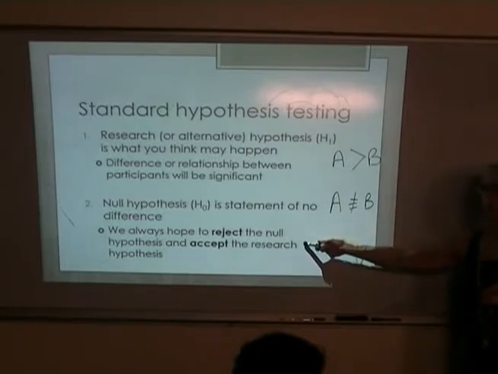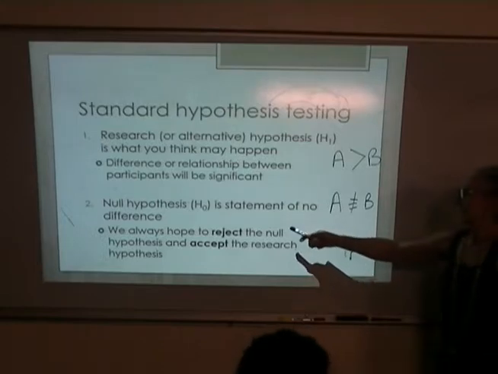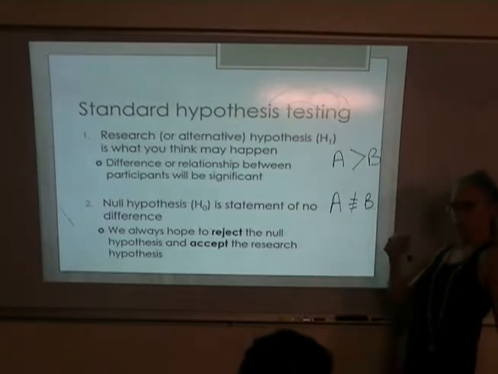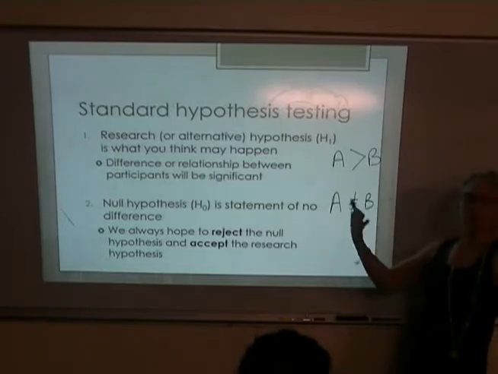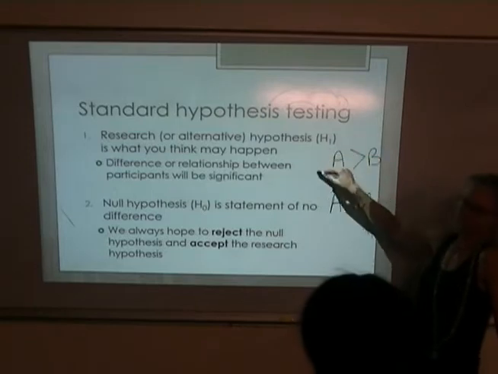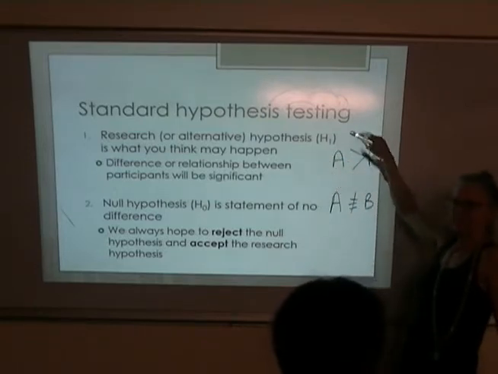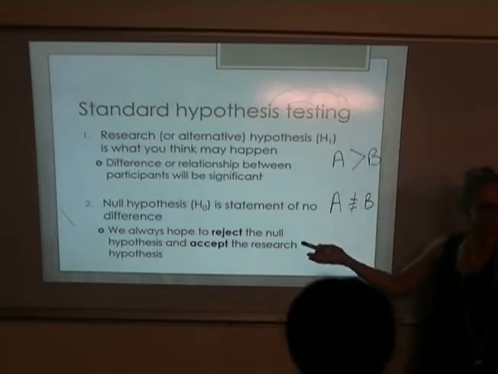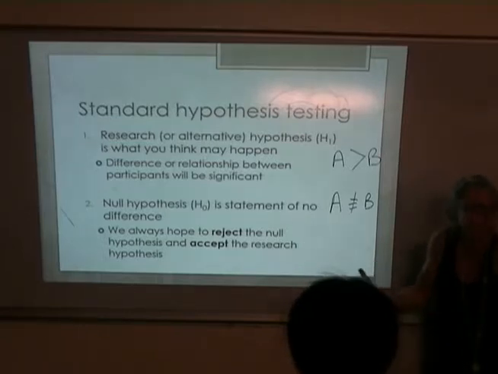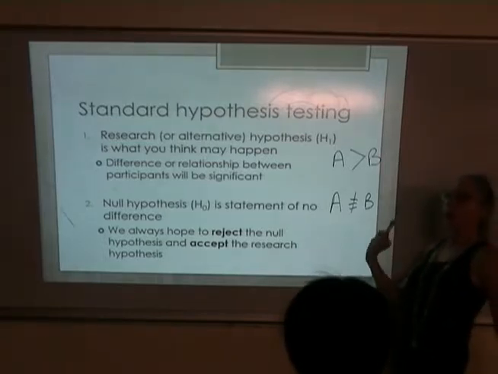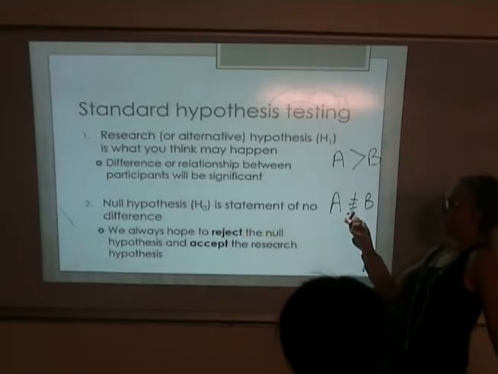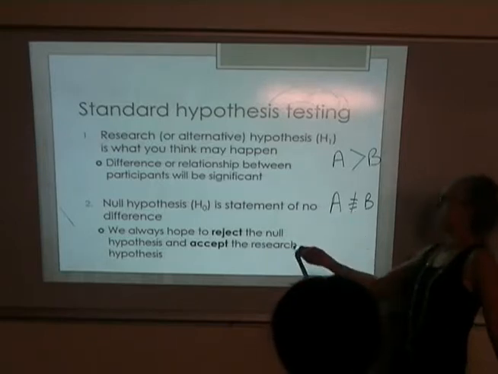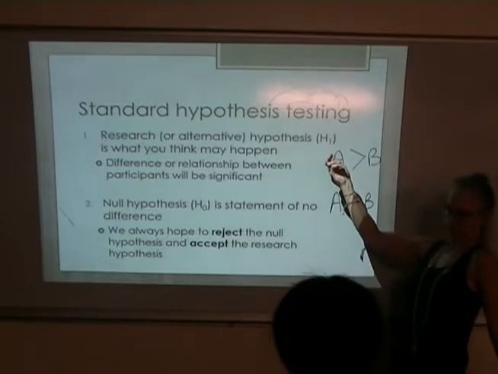Then comes the tricky verbiage, right? As researchers, of course, when you go into a study, what you're hoping to find is a significant difference. That's what you want when you go in. So up front, we want to be able to reject this and accept this.